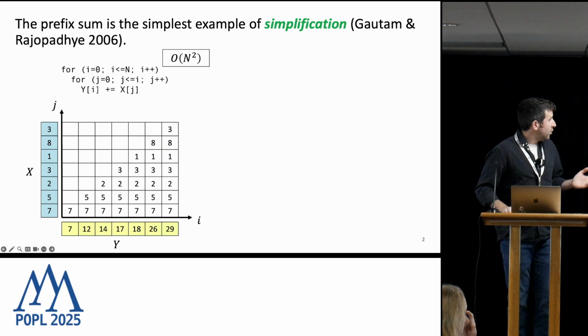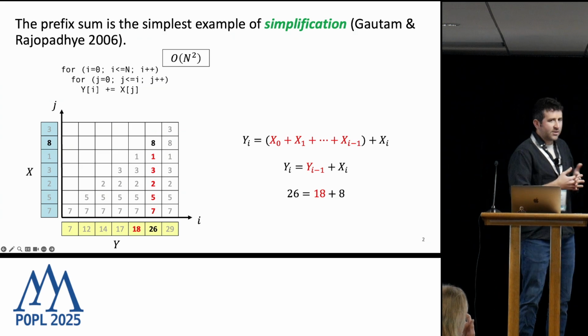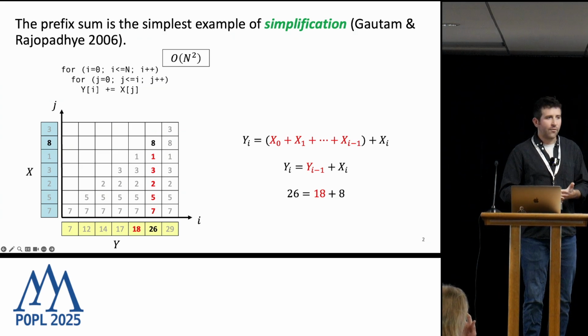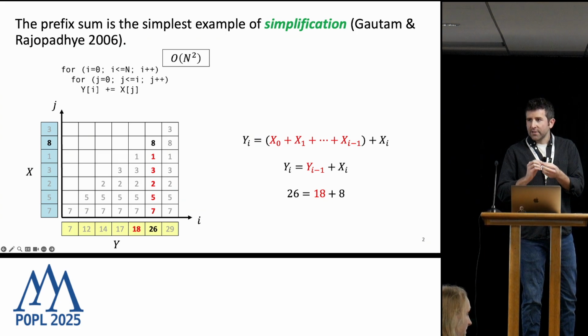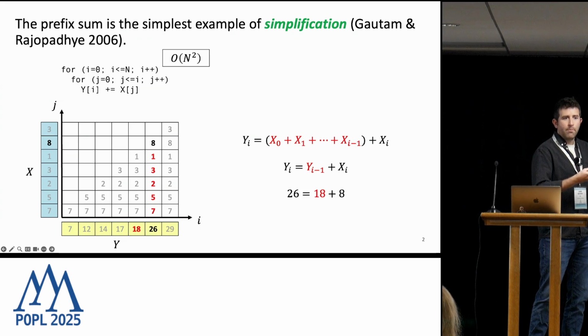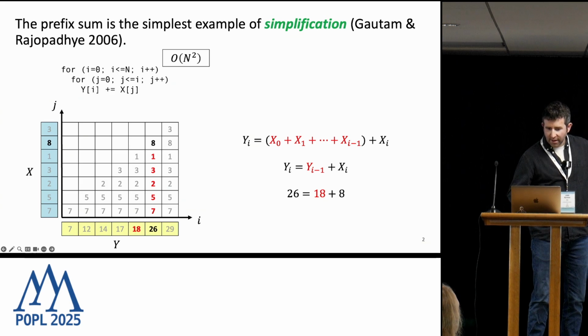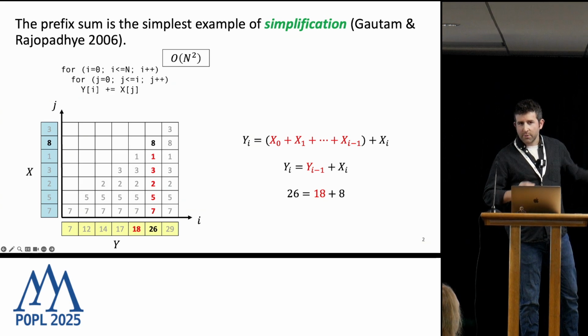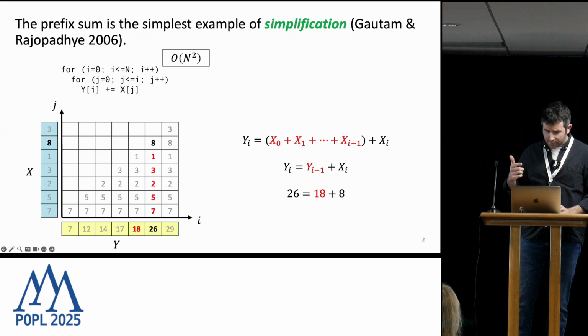But if you look at this for any more than a few minutes, you'll say, okay, you're redoing a lot of work. Once we produce one answer, there's no reason to resum a lot of the same elements. Once we have the answer in the fifth place, once we have 18, there's no need to resum 7 plus 5 plus 2 plus 3 plus 1 plus 8.